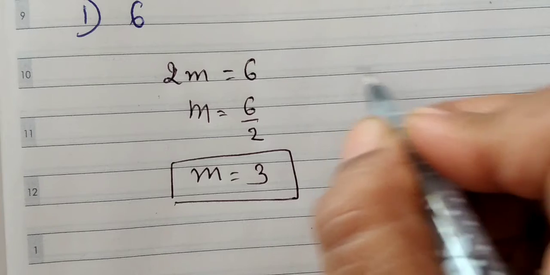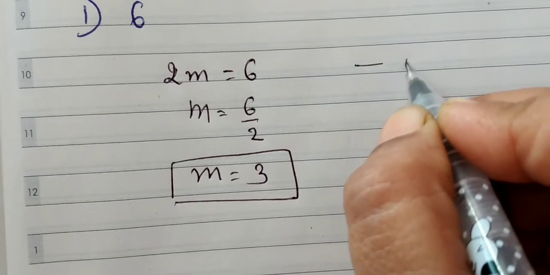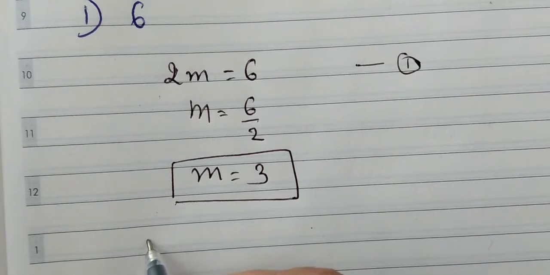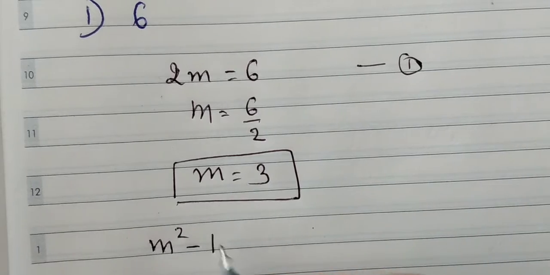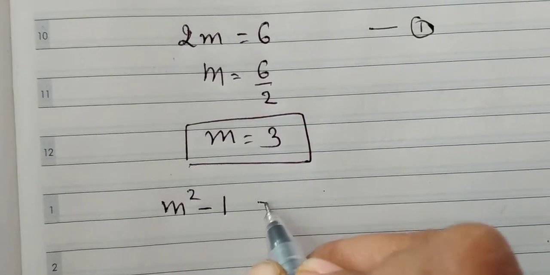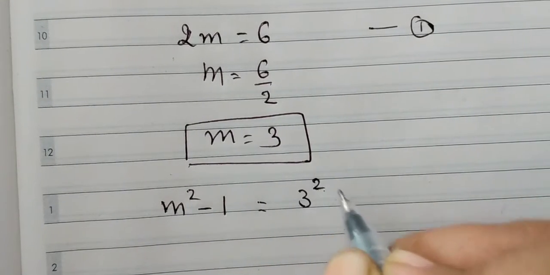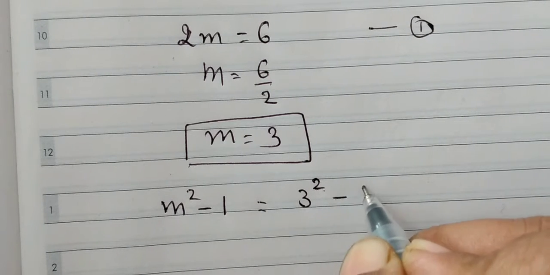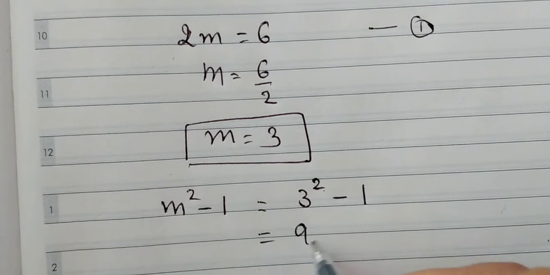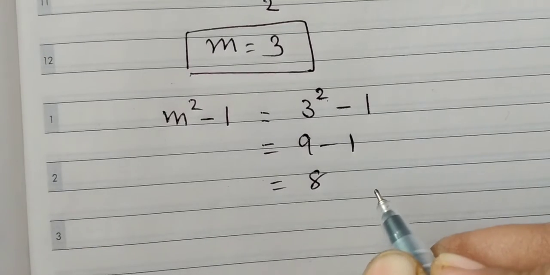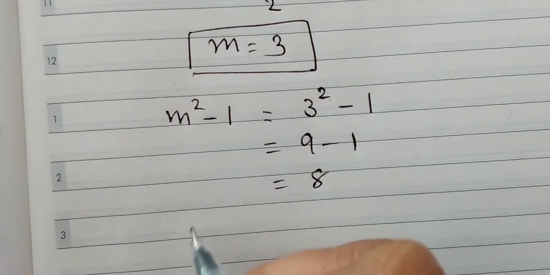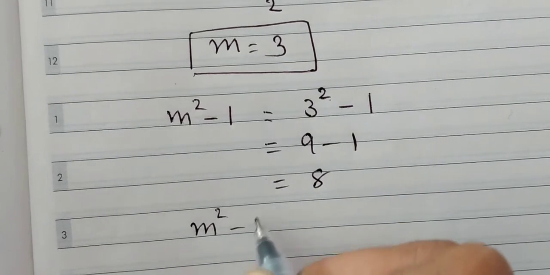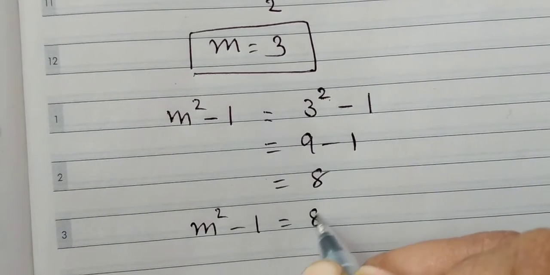So this is one number, it's fixed. One number is already fixed. Now we go for m square minus 1. Substitute the value of m, that is 3. 3 square minus 1. 9 minus 1 is equal to 8. Okay. Therefore, m square minus 1 is equal to 8.